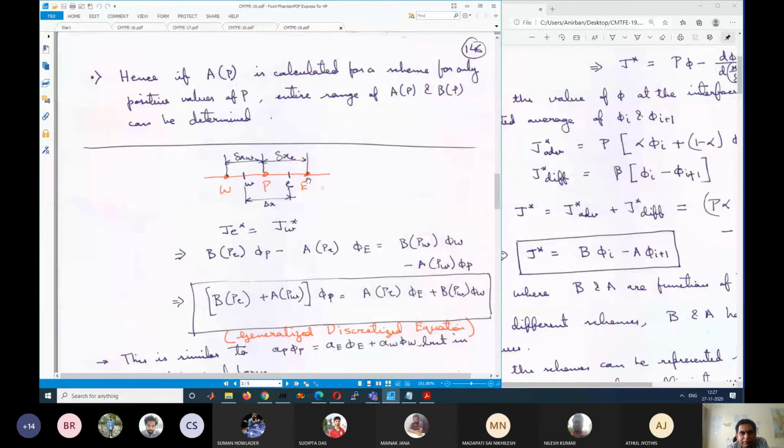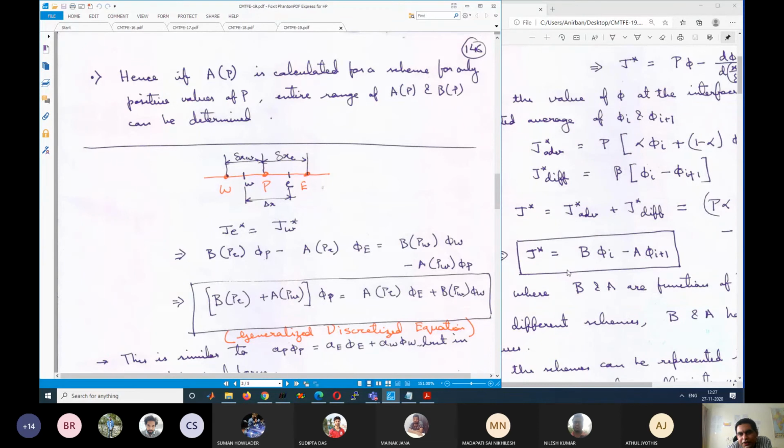Phi E or phi P? Phi P, because it's the backward direction. So I can write this as B into phi P, minus, since I plus 1 will be E, A into phi E.